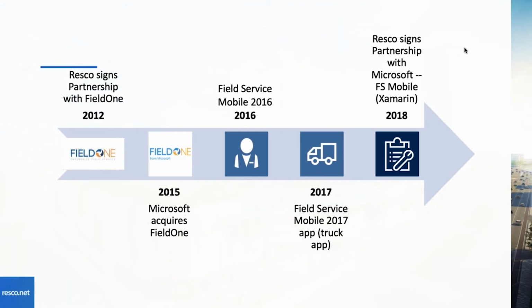The first change happened just 3 years later when Microsoft acquired Field One Systems as a whole, as a company, including the customers and especially the product, the technology. And it took Microsoft about a year until they released their first official version of the field service solution.